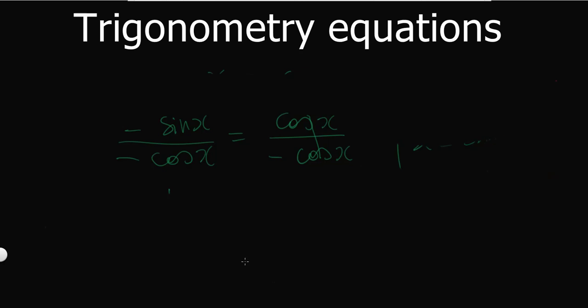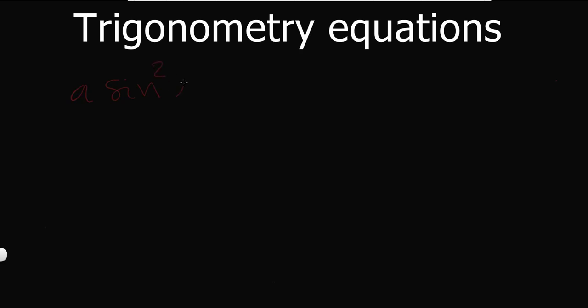This is where you have a trigonometry equation in the form of a quadratic equation, where you have a sine squared alpha plus b sine alpha plus c equal to 0.